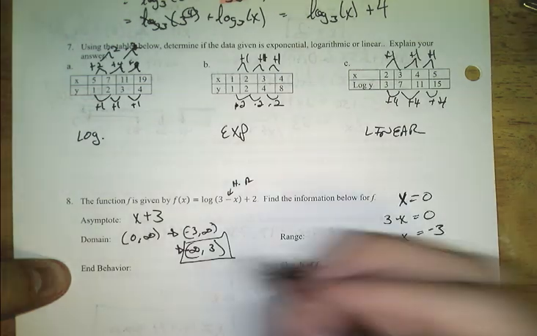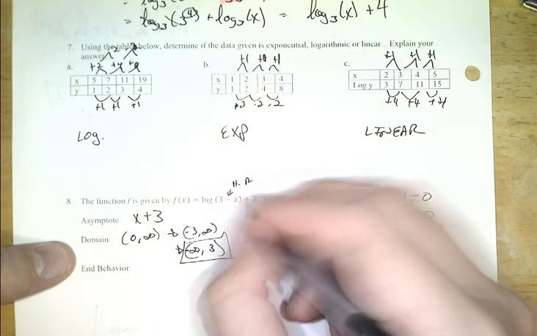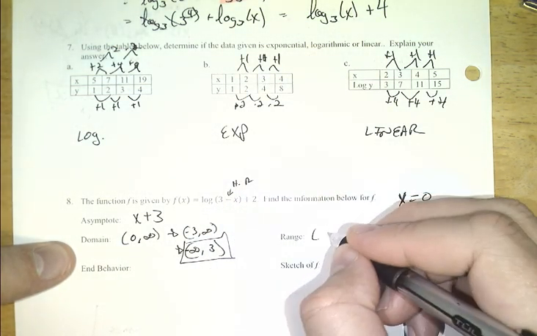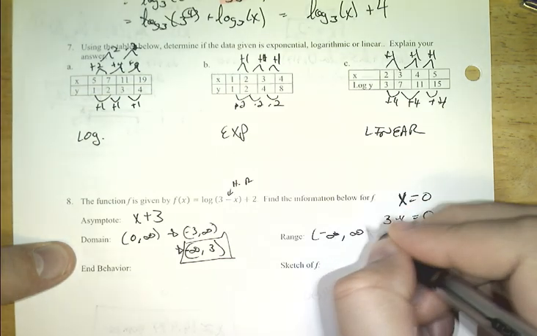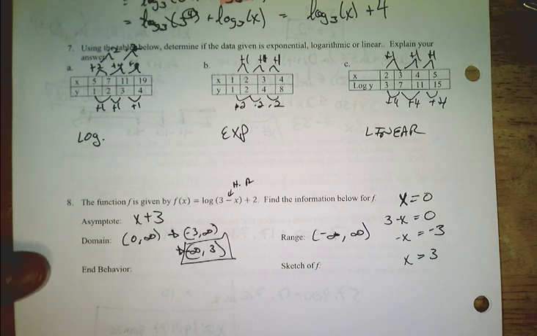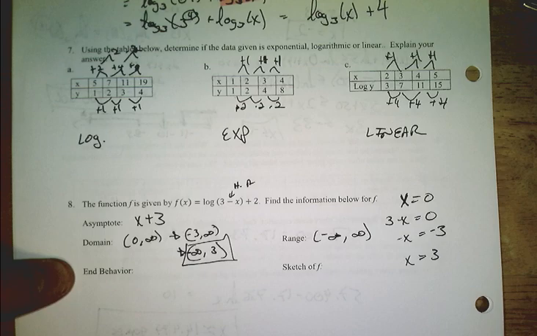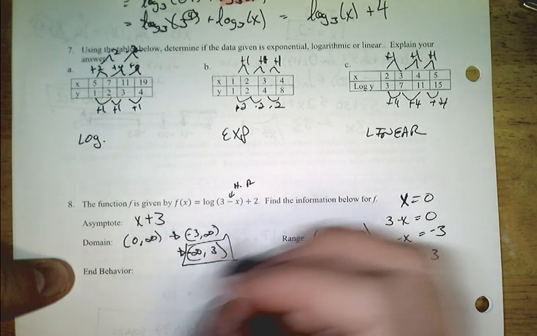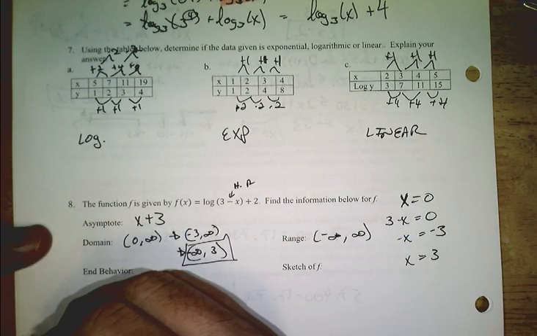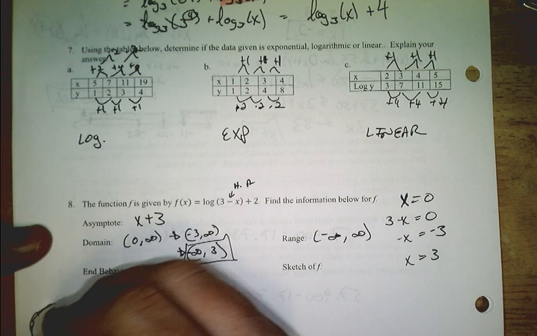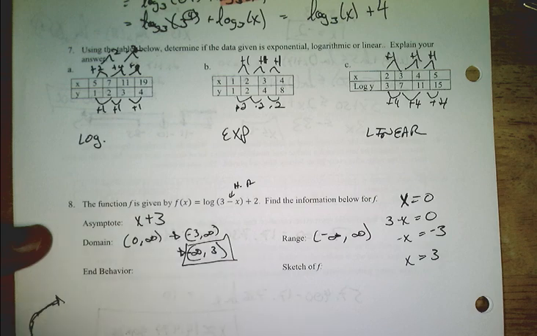Next up, the range. Well, this is a log, so logs always have a range of -infinity to +infinity. And then the end behavior. So this is the parent function.